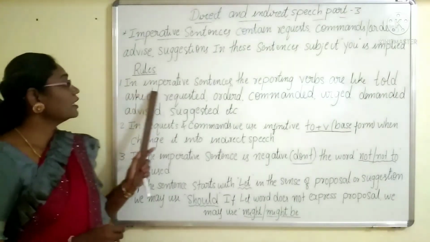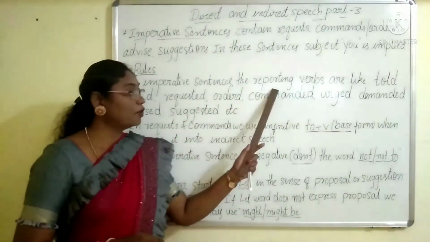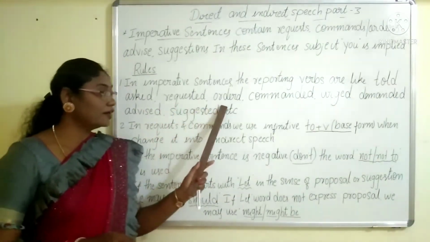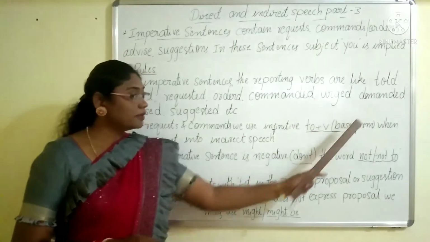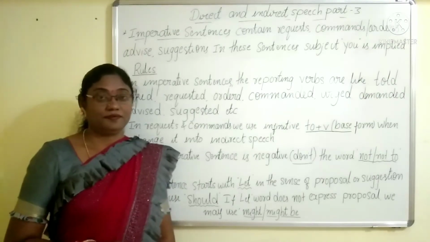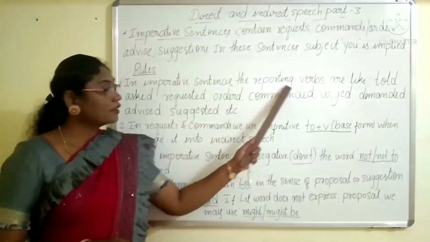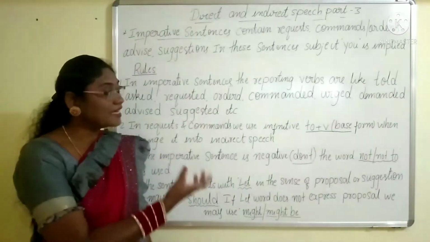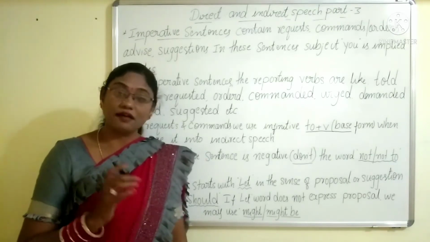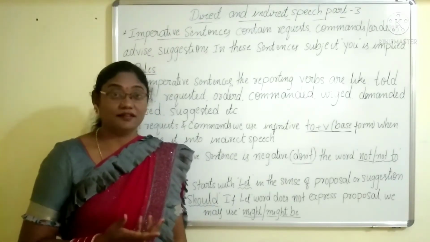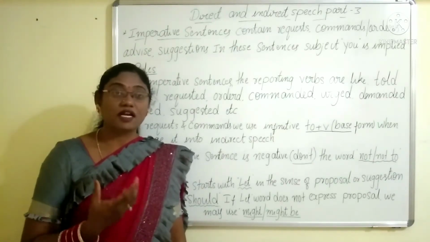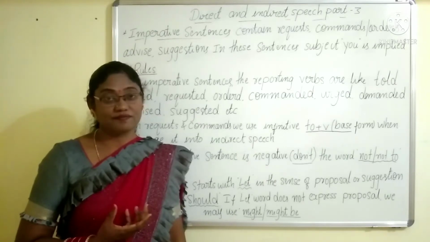Let's see. In imperative sentences, the reporting verbs are like told, asked, requested, ordered, commanded, urged, demanded, advised, suggested, etc. See, in reporting verbs, we can use told, asked, demanded, urged, requested, advised, suggested. So, these kinds of reporting verbs can be used.